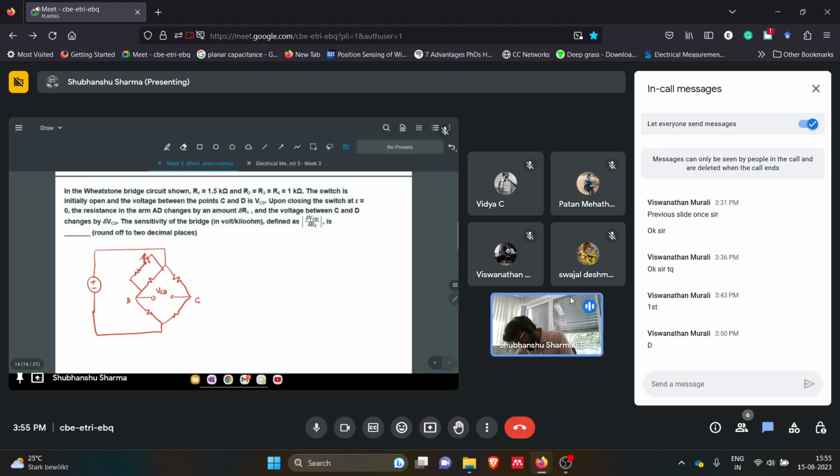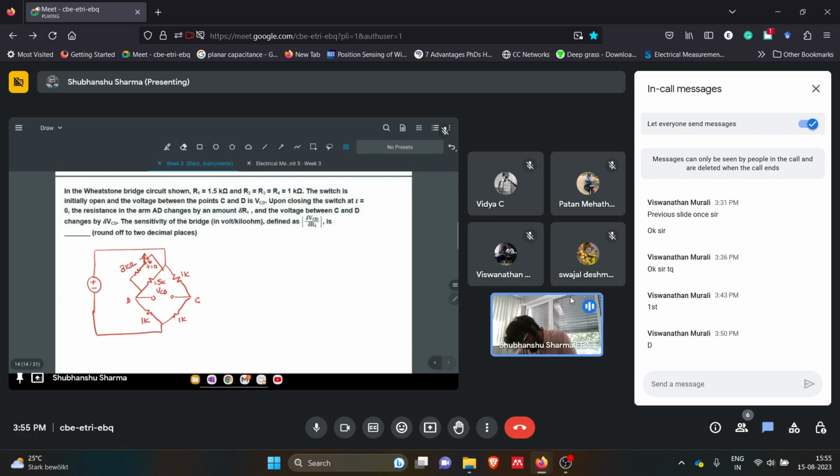At t equals 0 we switch on this thing. R1 was 1.5 kilo ohms, this is R1, R2, this is 1 kilo ohm, this is 1 kilo ohm, this is 1 kilo ohm, this is 3 kilo ohms.